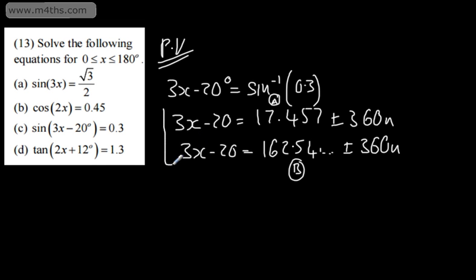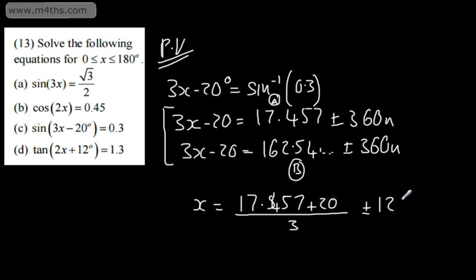At this stage, depending on the level of work that you're asked to do, what I'm going to do is simply write now for the first one, x is equal to 17.457 plus 20 divided by 3 plus or minus multiples of 120 degrees.